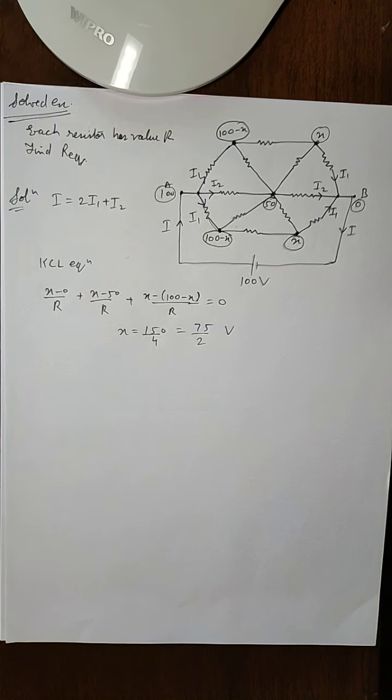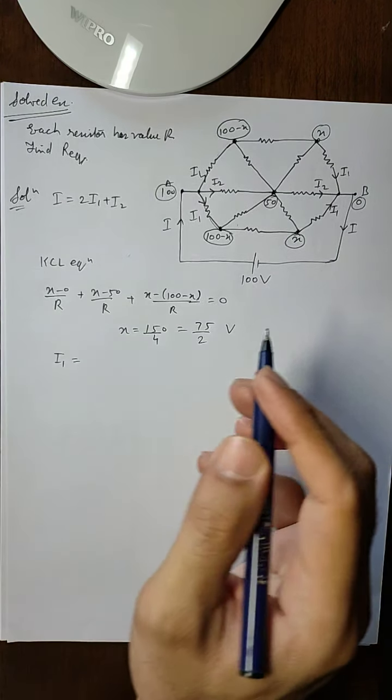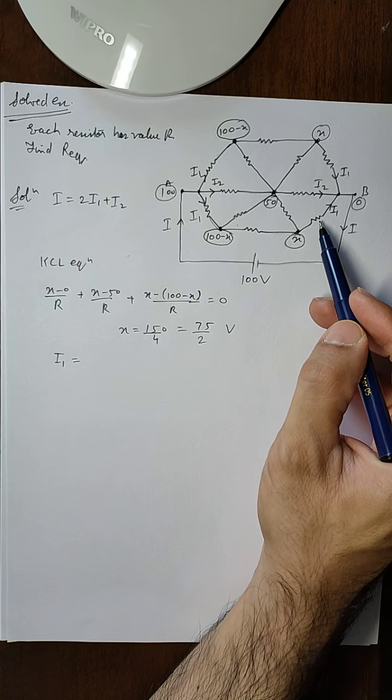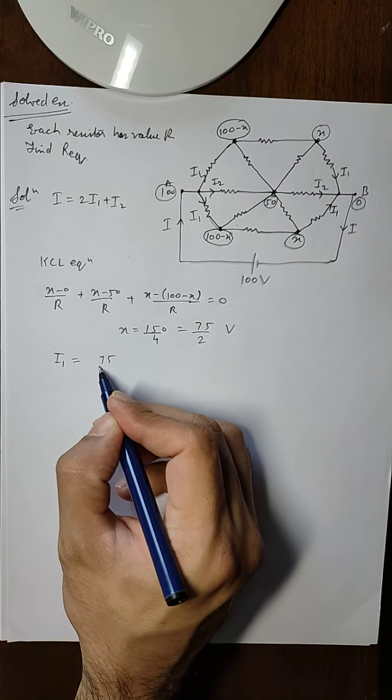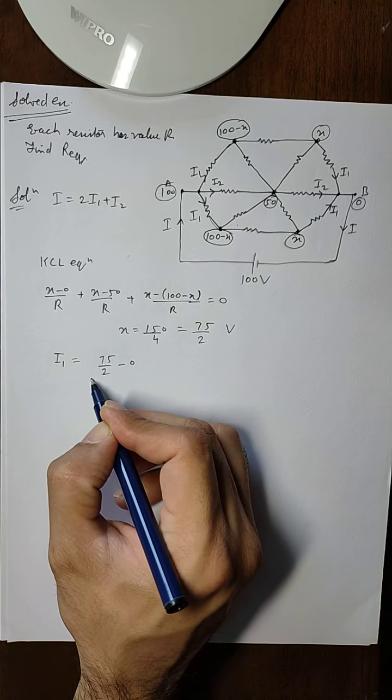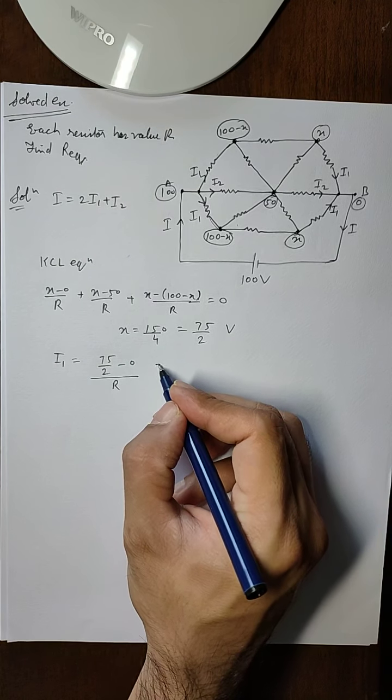Now I1, this current, should be equal to the potential difference divided by the resistance. So potential difference is X minus 0, or 75 by 2 minus 0, divided by the value R. So this will be equal to 75 by 2R.